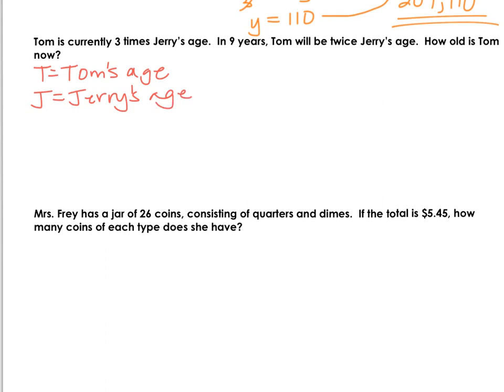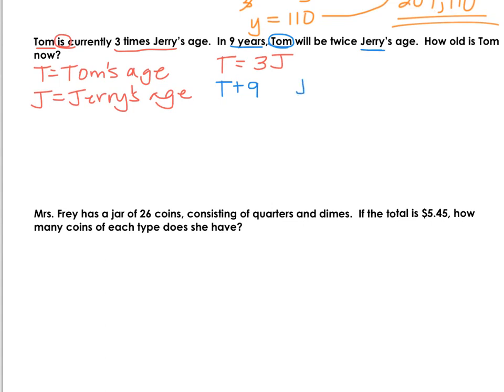In that first sentence, Tom is, T equals 3 times Jerry's age. That would be 3 times J. In 9 years, Tom will be twice Jerry's age. Here's the thing about 9 years. In 9 years, not only will Tom get older, so that would be T plus 9, but so would Jerry.